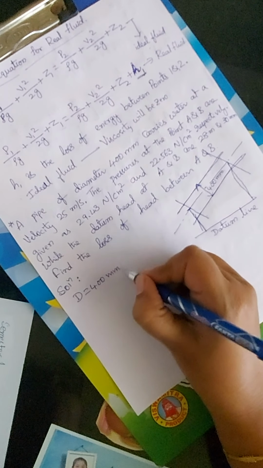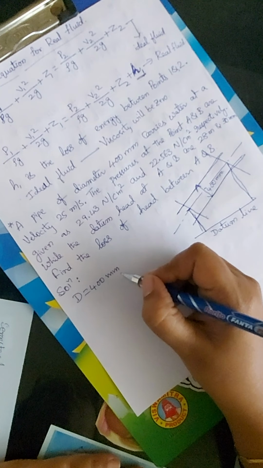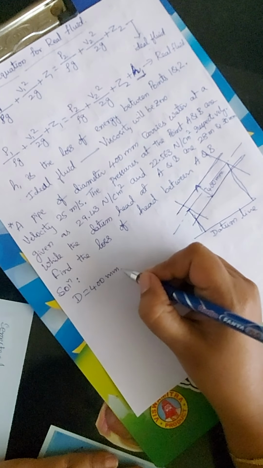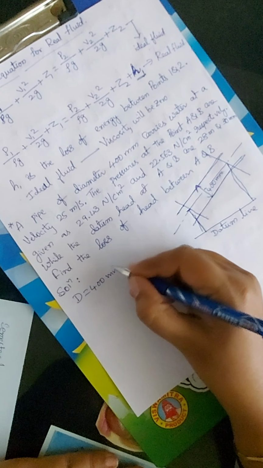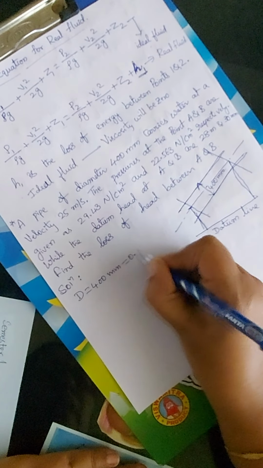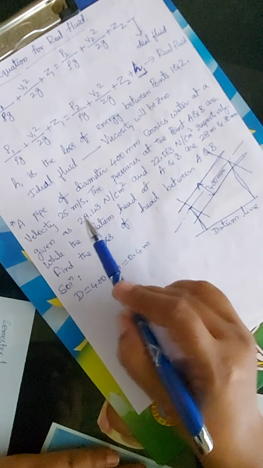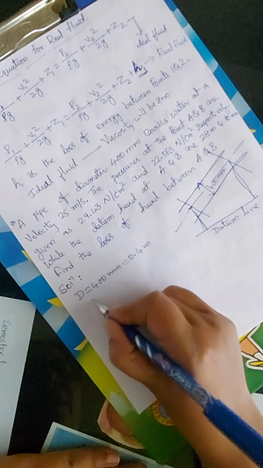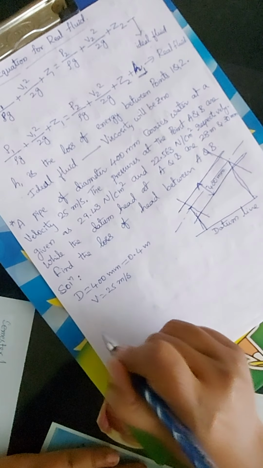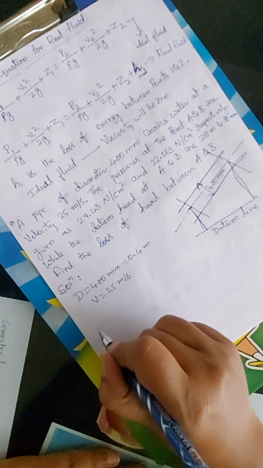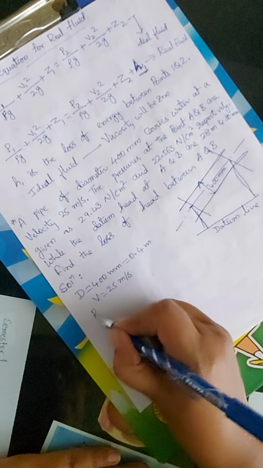D is equal to 400 mm, which is equal to 0.4 meters, converting it into meters. Next, velocity is equal to 25 meters per second. Then pressures.